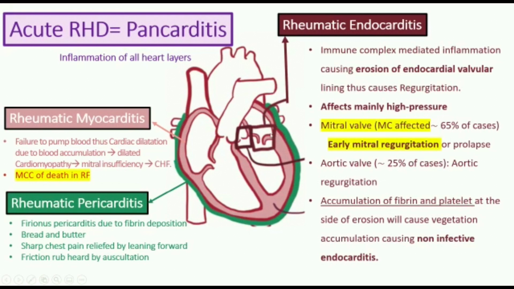Then this eroded place will cause exposure of the underlying collagen and platelet factor to the blood, and this will attract the platelets and fibrin to attach here, causing build-up of small thrombi or sterile vegetation, and in this case we call it a non-infective endocarditis.